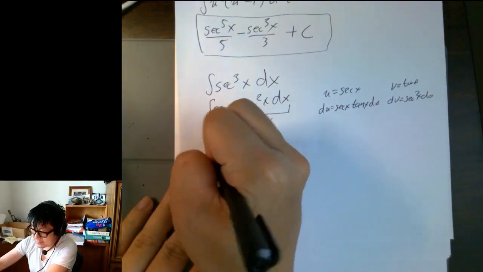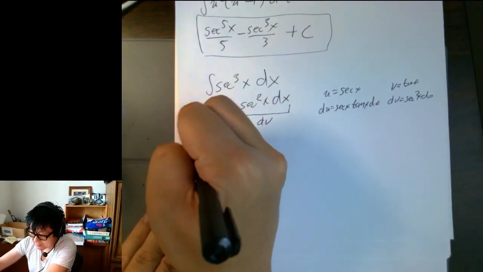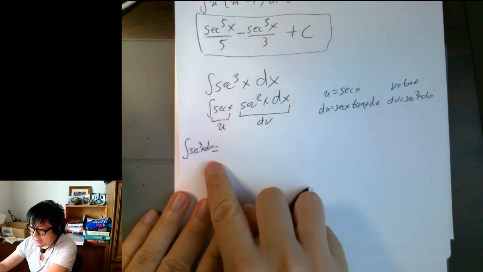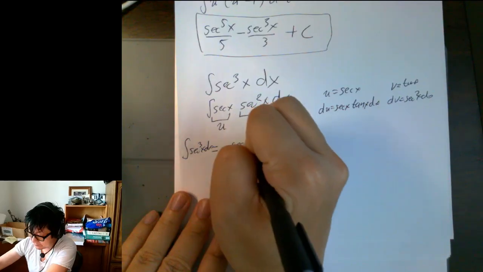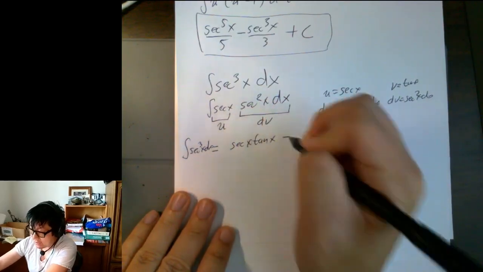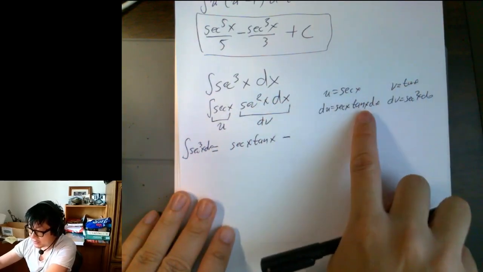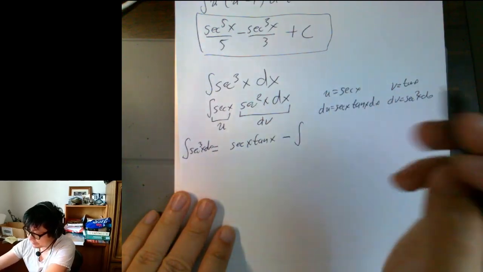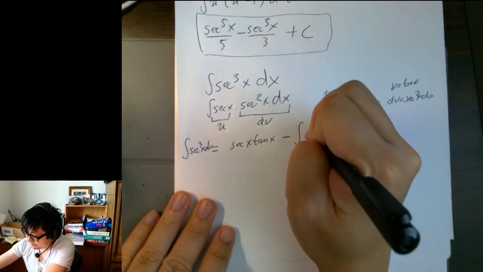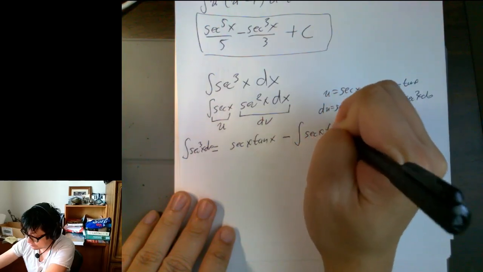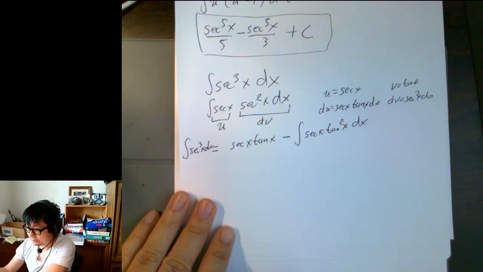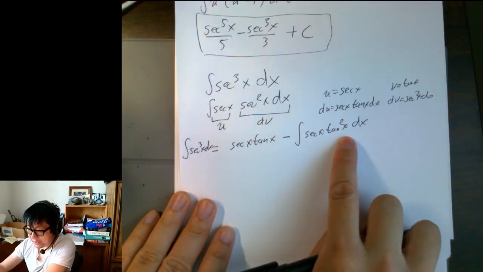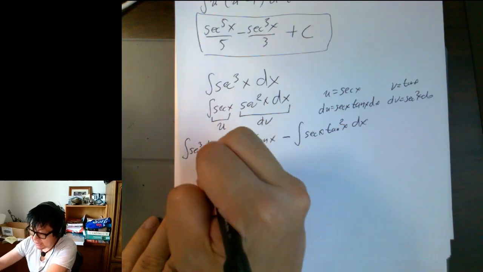So if I apply this, again, this side is going to be secant cubed x equals u times v minus the integral of v du. Now I'm going to convert tangent squared to secant squared minus 1 using my Pythagorean identity.